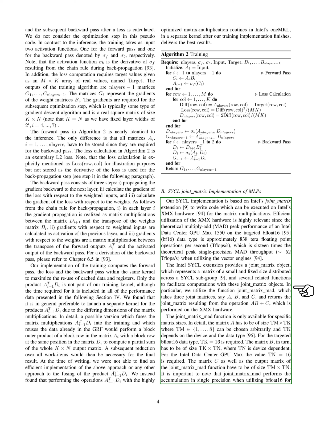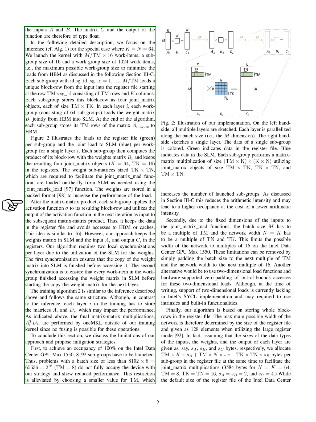Matrix C and the output matrix of joint_matrix_mad must be TM×TN in size. It's important to note that joint_matrix_mad performs calculations in single precision for matrices A and B, while matrices C and the output are of type float. In our detailed description, we focus on the inference for the case where k equals n equals 64.